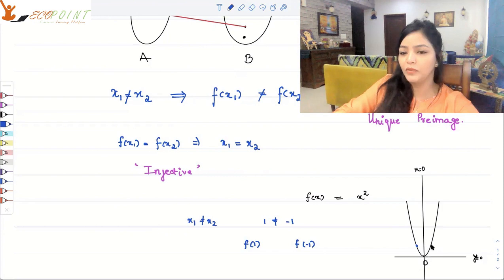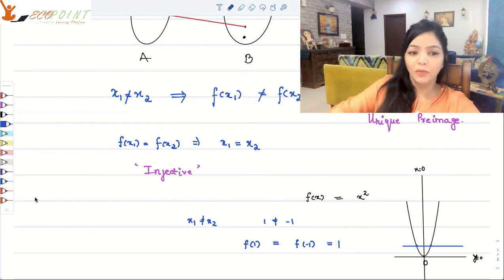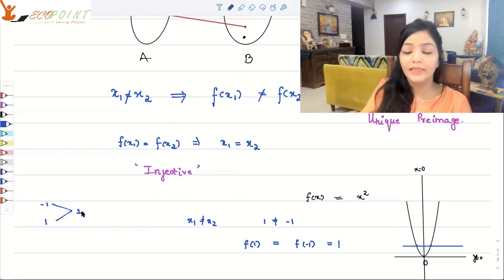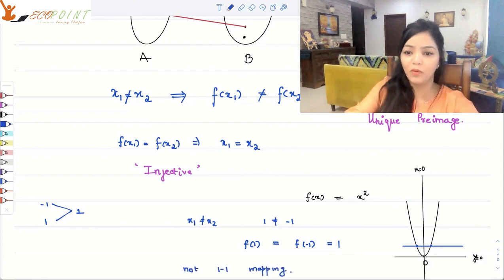And when my input is 1, then also I am getting 1. I will be getting the same value for 2 points, 1 and -1. If you think in terms of mapping, what is happening? -1 and 1 are both getting mapped to 1. This means this is not a one-to-one mapping or function.